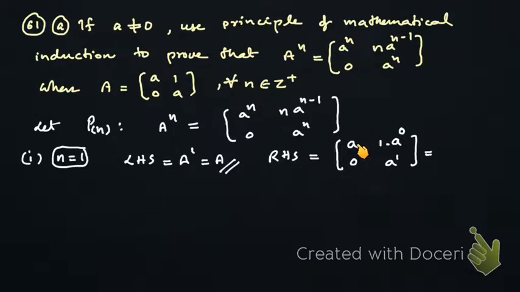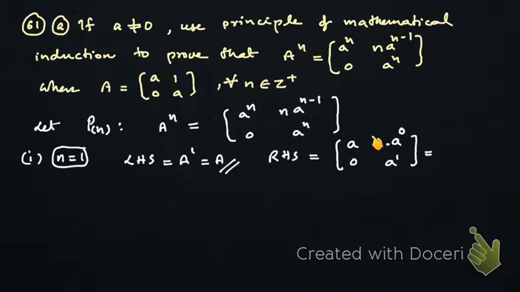So I make n as 1. So a raised to n becomes a raised to 1, which is a. Then 1 into a raised to 1 minus 1. 1 minus 1 is 0. A raised to 0 is 1. So 1 into 1 is 1. Then I have 0, and then a raised to 1, which is a.